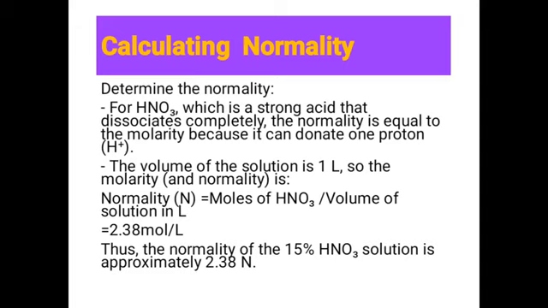So normality is equal to the number of moles of HNO3 over the volume of solution in liter. That's 2.38 over 1 liter, and that will give us 2.38 normal. So the normality of a 15% HNO3 solution is 2.38 N.